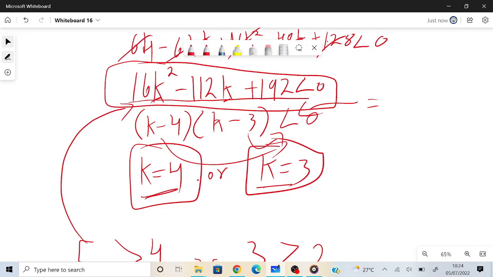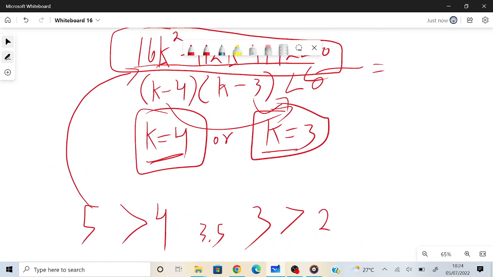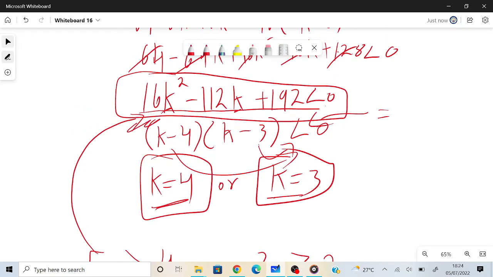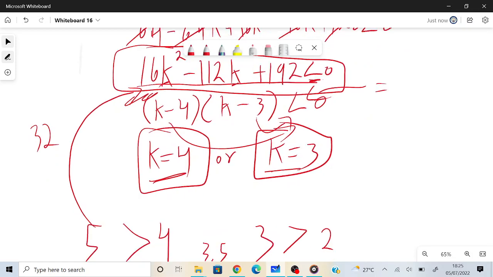So 16 into 5 squared minus 112 into 5 plus 192. Okay, I'm getting 32. So when I put 5 into this equation, I'm getting 32. That obviously doesn't satisfy the inequality, because the answer is meant to be less than 0, not greater than. So this is wrong.